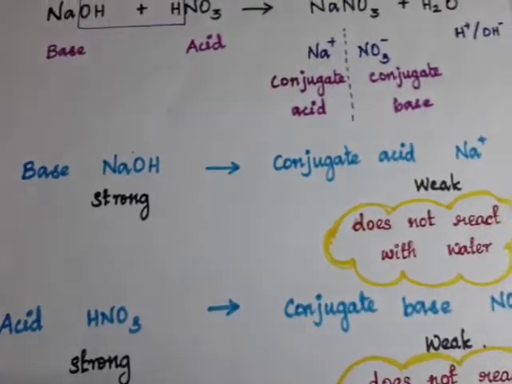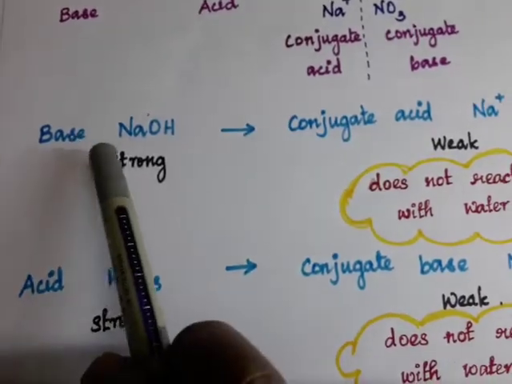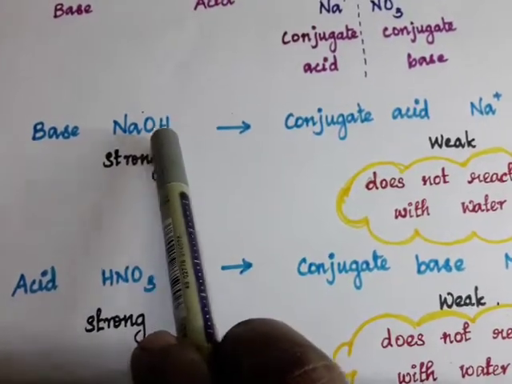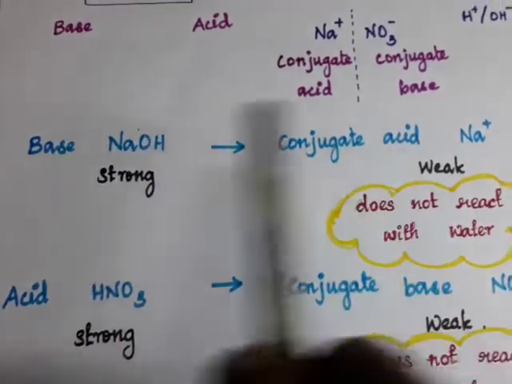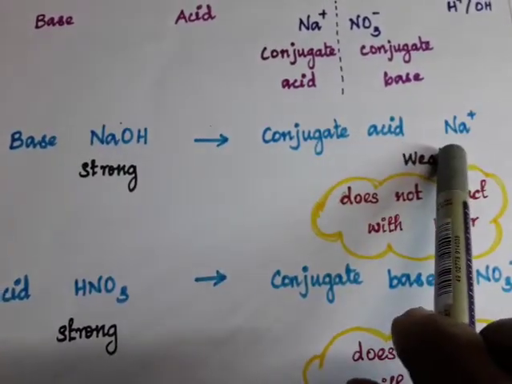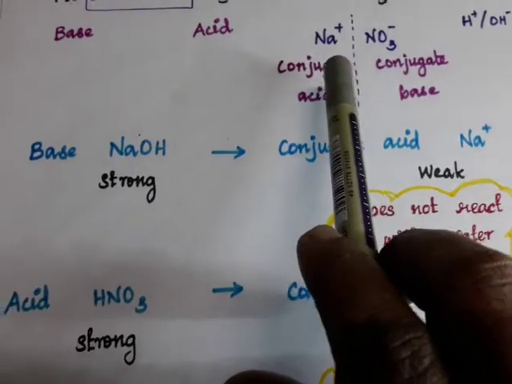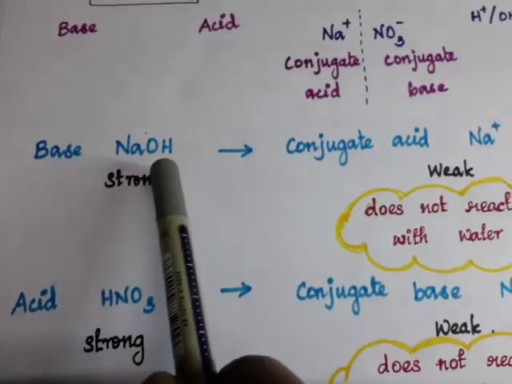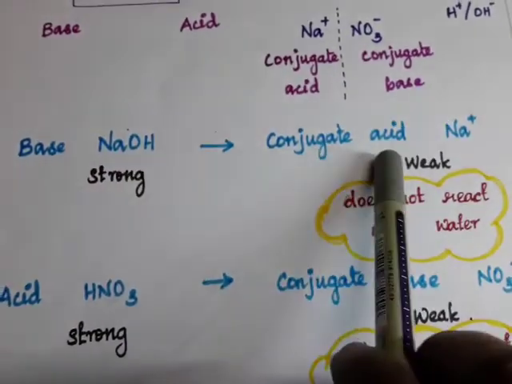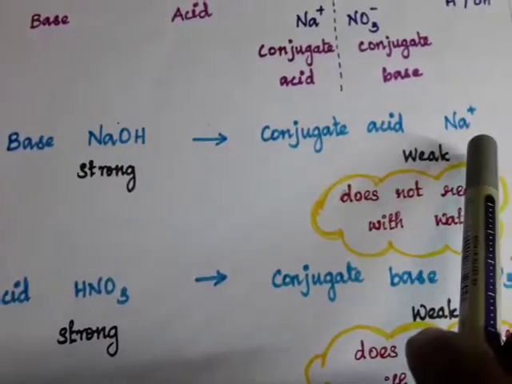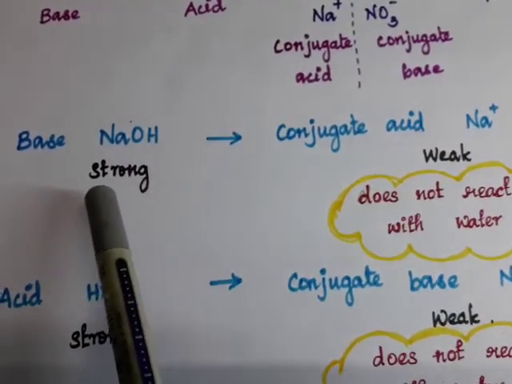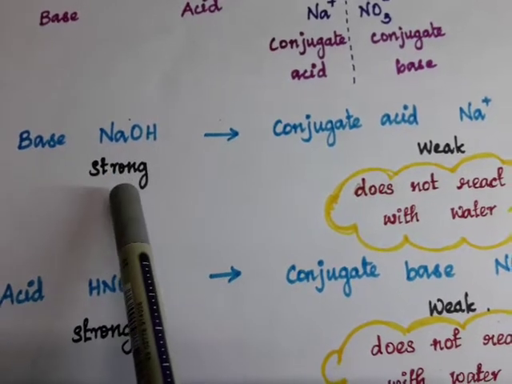So we go to the next step. Now we have the base NaOH. The conjugate acid of this base is Na plus, right? We know very well that NaOH is a strong base.